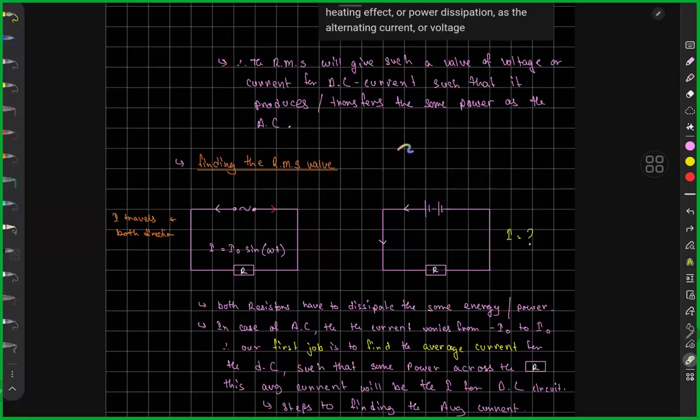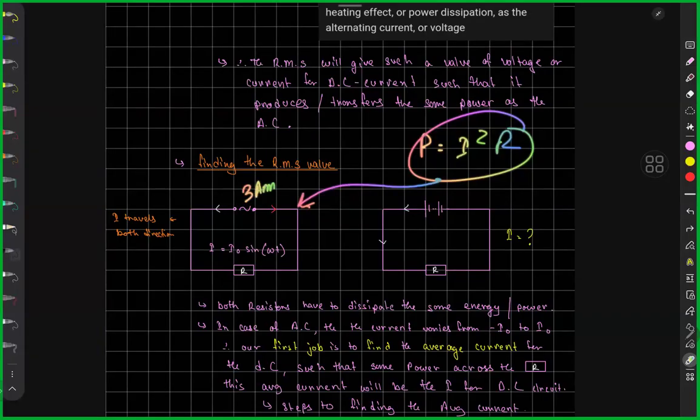And if you input that into the power equation, that is the power dissipated by an alternating current worth 3 amps, which varies with respect to time. And that is also the power dissipated by a DC circuit which has a current of, what was the value? 2.12, I guess. 2.12 amp.